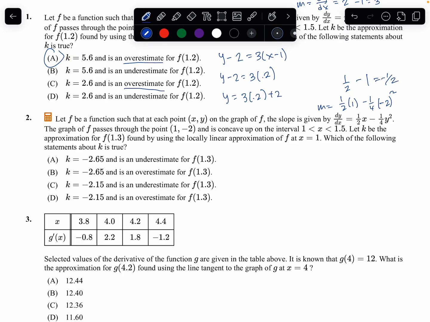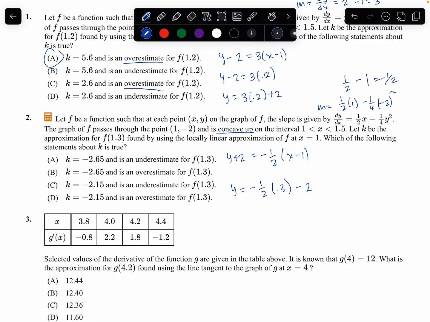Okay. So y minus 2, using this point right here, is going to be equal to negative 1/2 times (x minus 1). So y is going to be equal to negative 1/2 times, if I plug in 1.3 right here, that's going to end up being 0.3, and then plus 2.